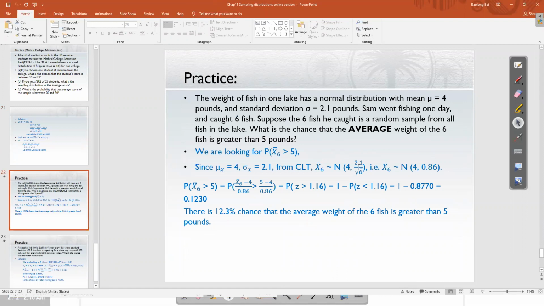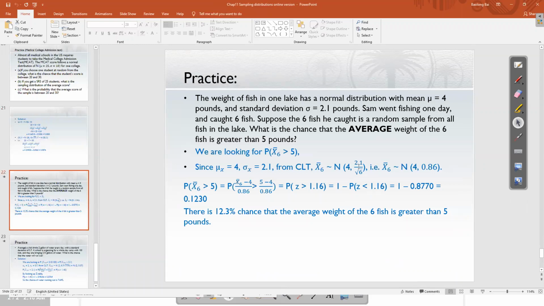Okay. The next question, the weight of the fish in a lake has a normal distribution with a mean of 4 pounds and a standard deviation of 2.1 pounds. If a guy Sam went fishing one day, he caught 6 fish. If we suppose the 6 fish he caught are a random sample from all the fish in the lake, what is the chance that the average weight of the 6 fish he caught is greater than 5 pounds?